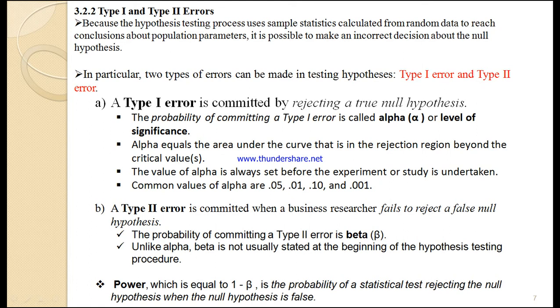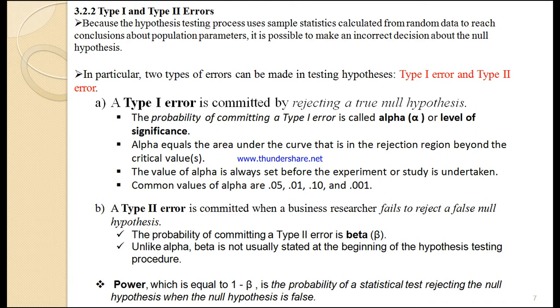Unlike alpha, beta is not usually stated at the beginning of the hypothesis testing process. And when we deduct beta from 1, we obtain power, which is the probability of a hypothesis test rejecting the null hypothesis when the null hypothesis is false.